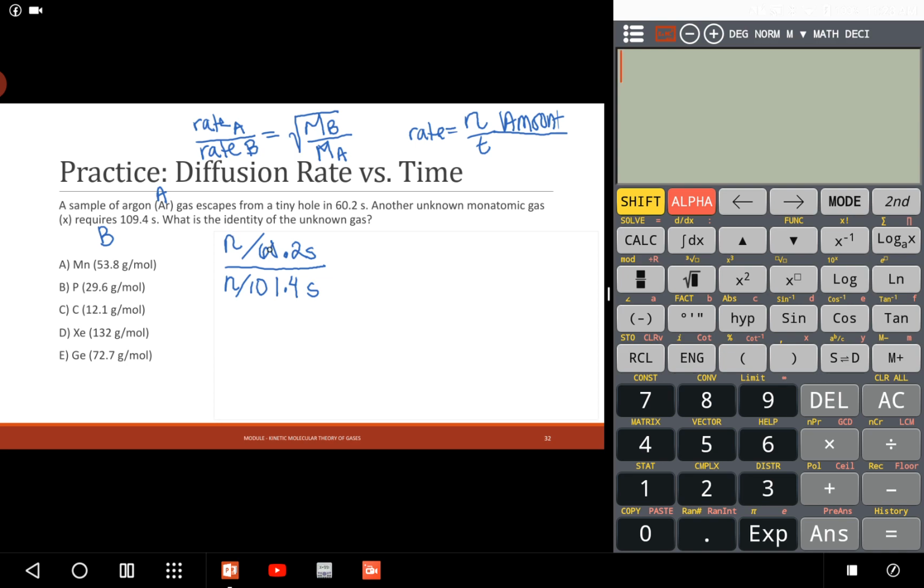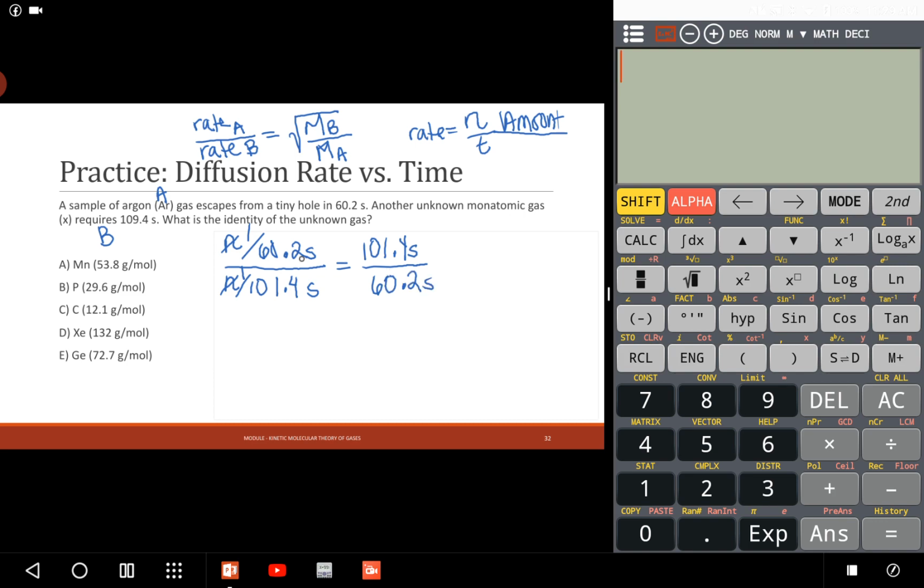Now, this is a fraction divided by a fraction, and so the n's will cancel out, but now we have these as 1 over that, and that's 1 over that. So when we do algebra on this, that really means that we have 101.4 seconds divided by 60.2 seconds.